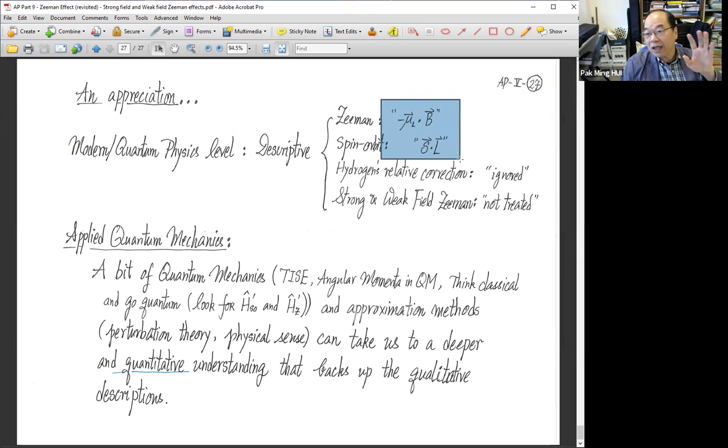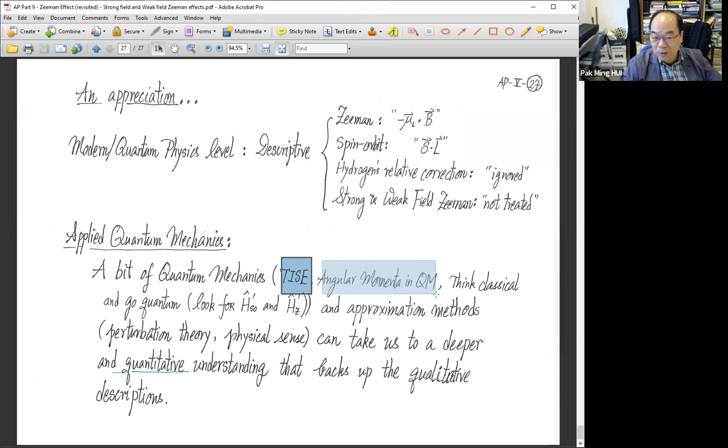You never see exact equations. But in our course, we only rely on a little bit of quantum mechanical skills, the Schrödinger equation, angular momentum in quantum mechanics. We derive the general results, and then we find the Hamiltonian by thinking classically first and then going quantum with operators.